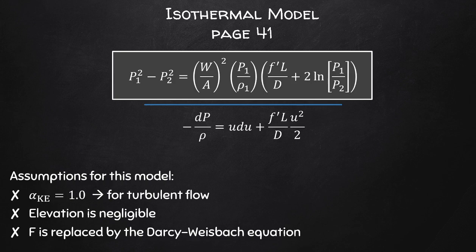Obviously in practice we tend not to use laminar flow. It's just too slow and uneconomic. Elevation in this case is negligible, simply because we are working with gases, and so this is a very reasonable assumption to be making. And also F is replaced in the equation by the Darcy-Weisbach equation.